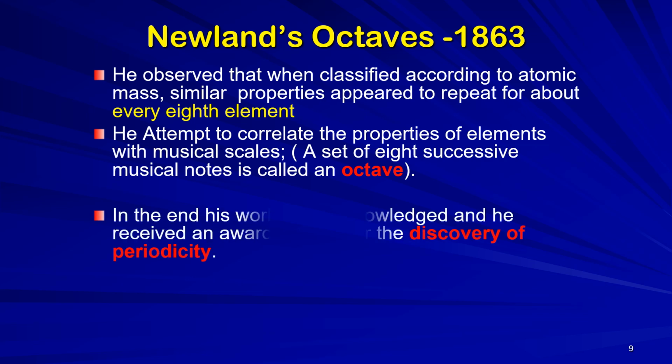In the end, his work was acknowledged and he received an award in 1887 for the discovery of periodicity, the recurring of similar elements at regular intervals when they are classified according to the increasing atomic mass.